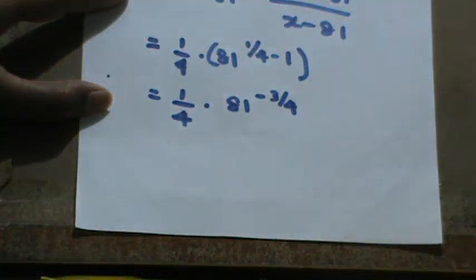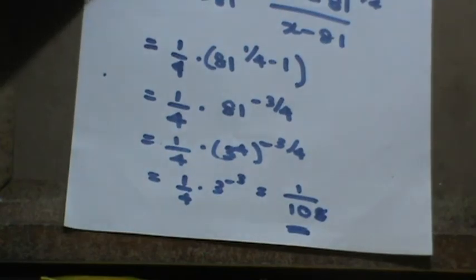That is 1/4 times 3 to the power 4 to the power minus 3/4, which is 1/4 times 3 to the power minus 3. That will be 1/108.